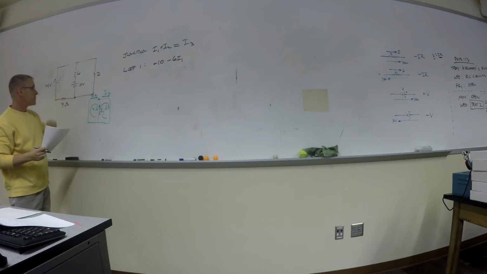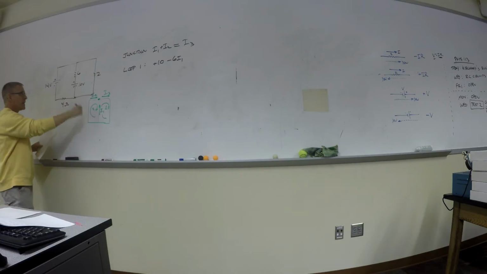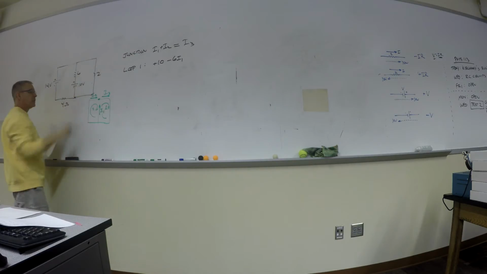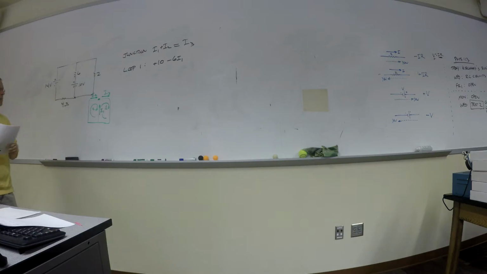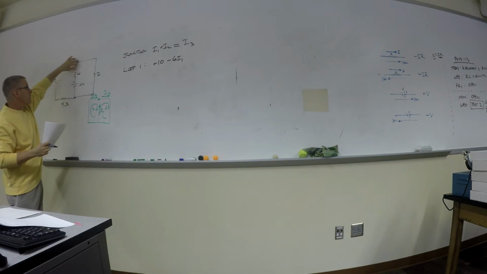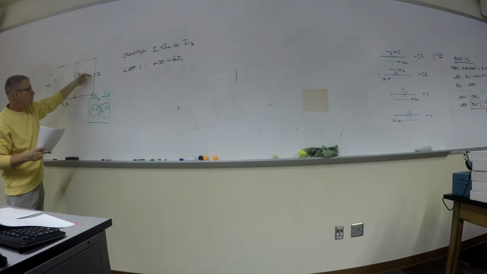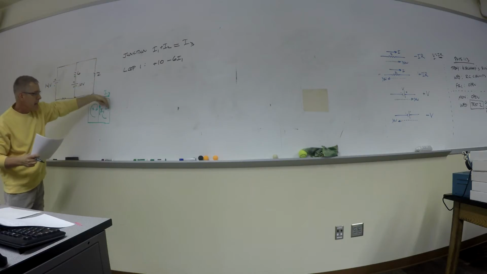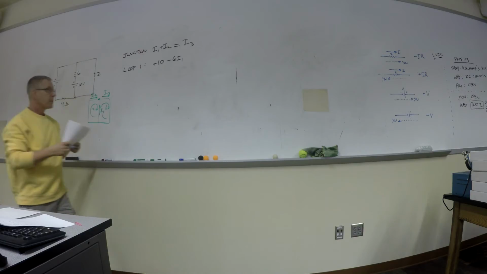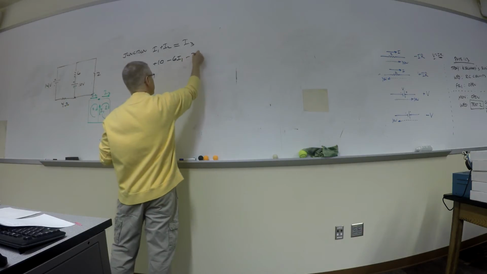That resistance times that current. If it helps, once you set this up, if you want to put them on here, that's fine too. However you can see this best. Come up here, turn this way, nothing, nothing, nothing, then I come down like that, and I cross the resistor. I'm going the same way as I3. So I'm going to lose another 2 I3s.